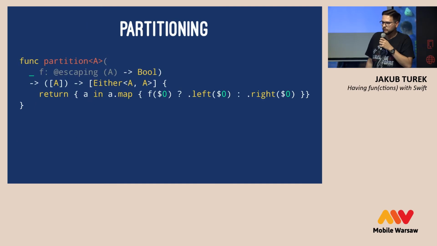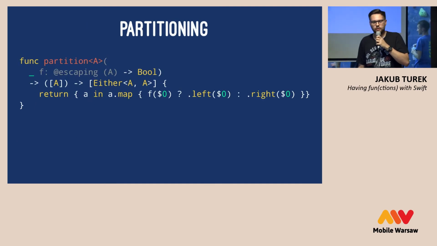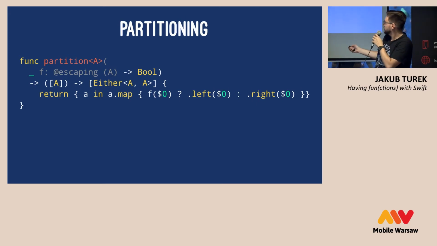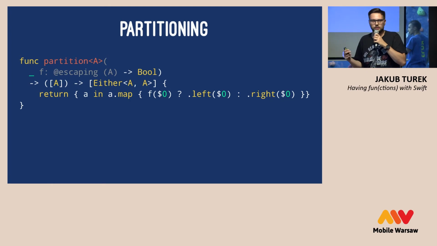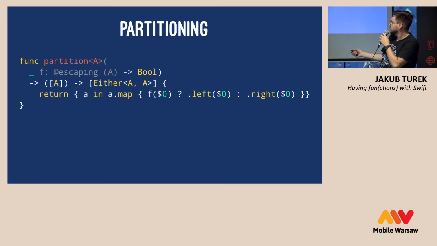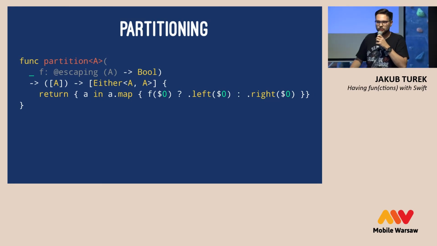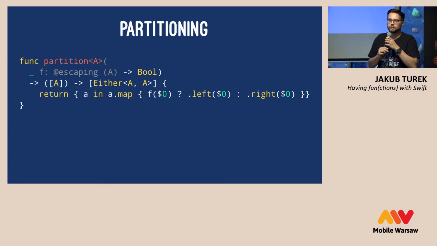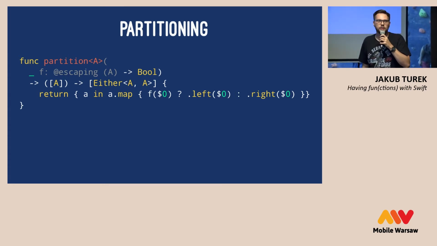And using that Either type, we can have a very particular partition method, which takes in the partitioning, saying whether the given object is in the first or in the second partition. And it gives us a way to transform an array of objects into an array of Either A or A. It might look strange, but this particular version of partitioning is pretty nice.